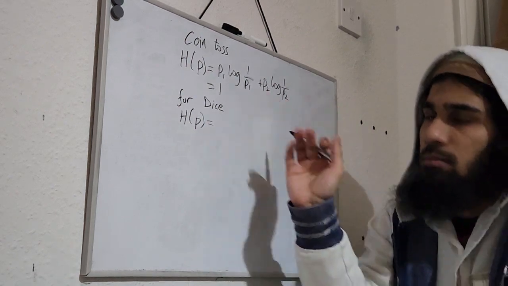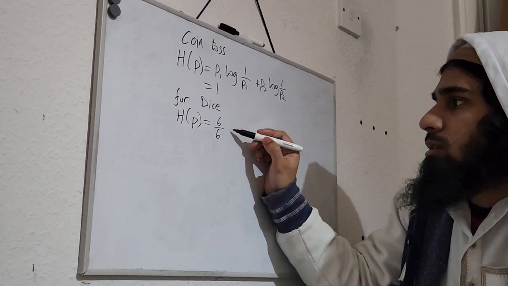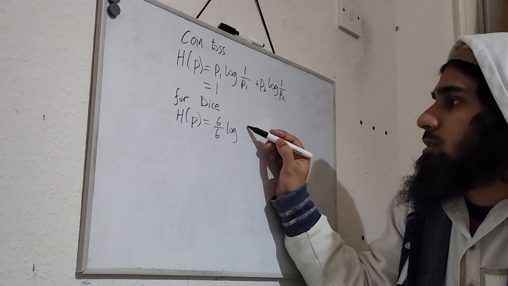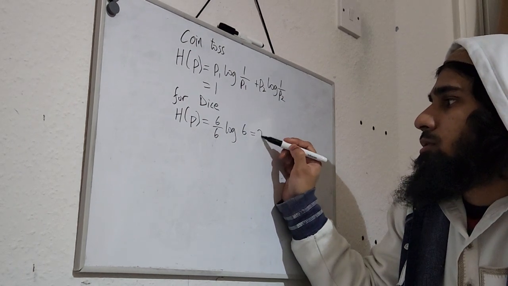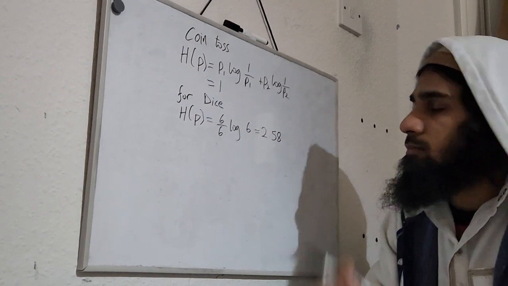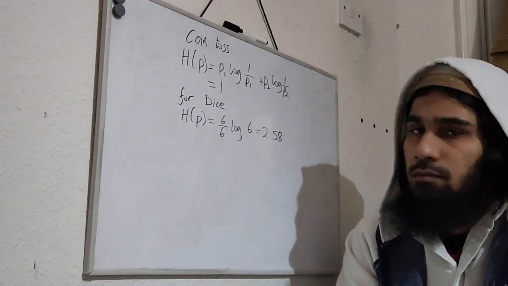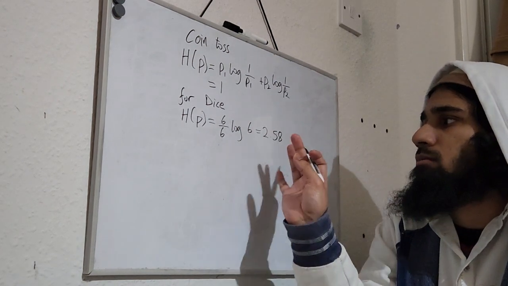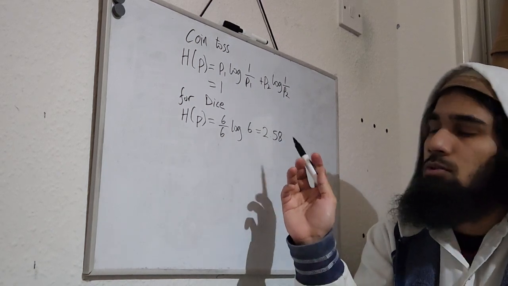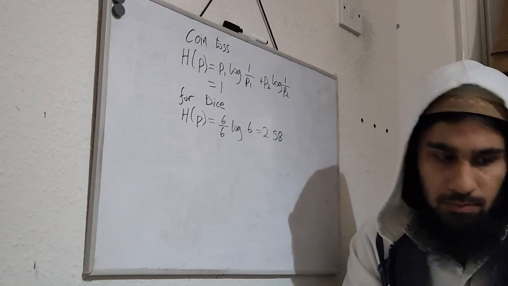There's 6 of them, so that would just be 6 over 6 times log 6, and that is equal to 2.58. So that is the entropy for a dice. Because there's more outcomes, it is higher, but that is the highest. And for each outcome, you don't know which is going to happen.